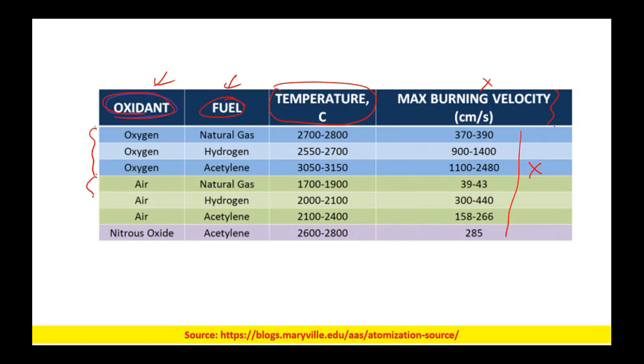Then when you use air, the concentration of oxygen will be much lower as compared to the oxygen itself. So the oxidation rate will be much lower. And in the last case, in the nitrous oxide, the oxidation of the sample atoms will be much lower, because this nitrous oxide helps to provide a reducing environment.